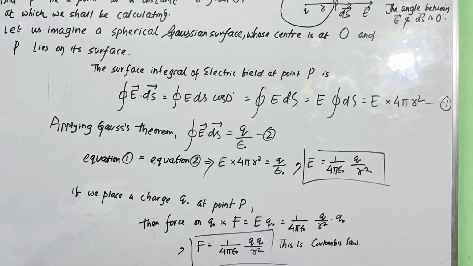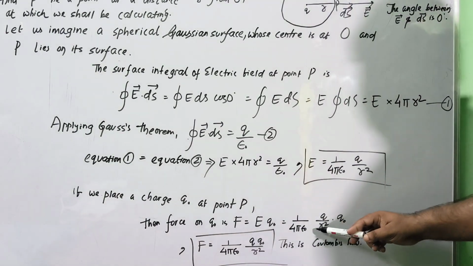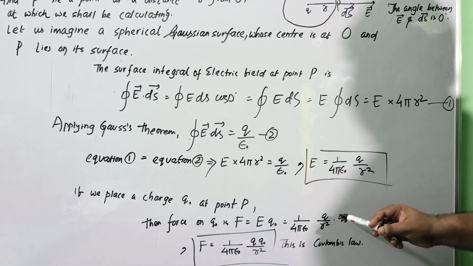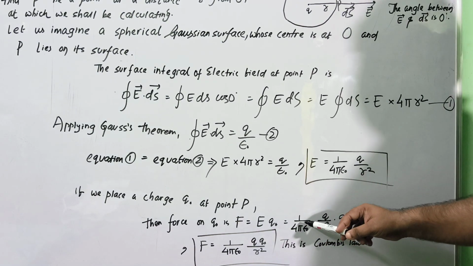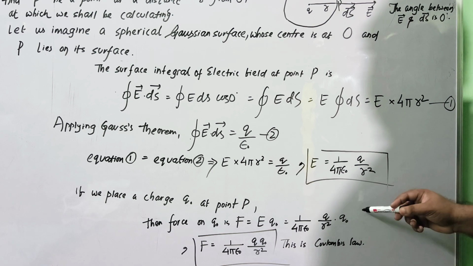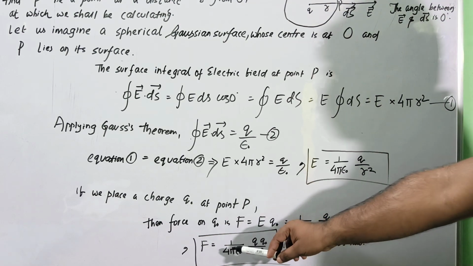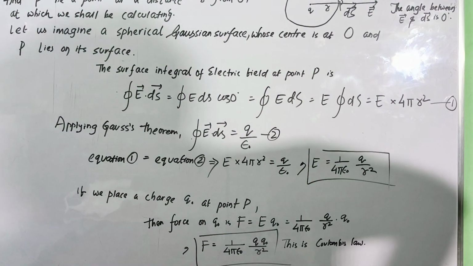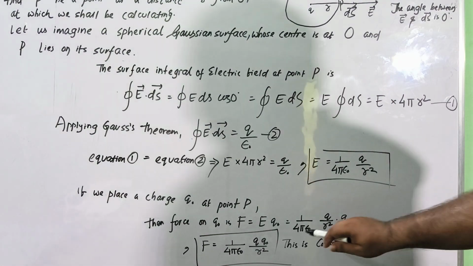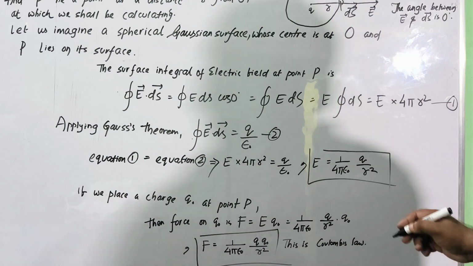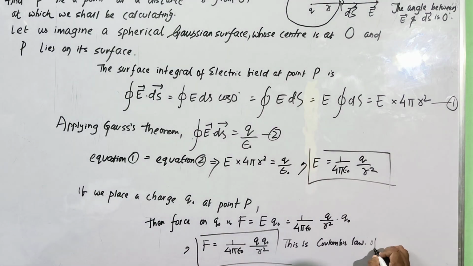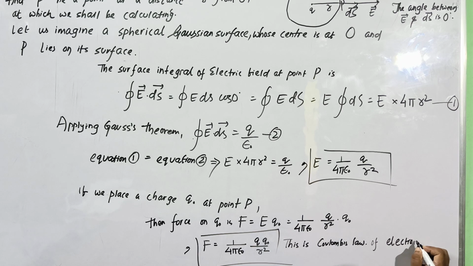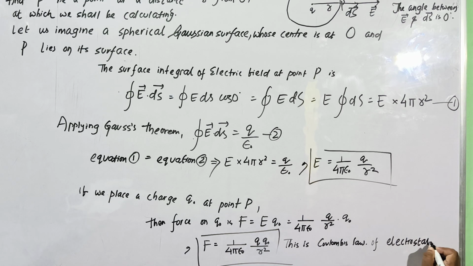After rearranging things, you place the value of E calculated earlier at this point, which gives 1 by 4 pi epsilon naught, q by r squared, into q naught. After rearranging, F is equal to 1 by 4 pi epsilon naught, q q naught by r squared, and this is Coulomb's law of electrostatics.